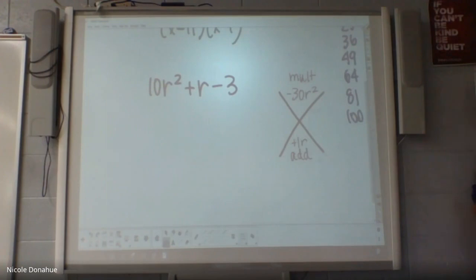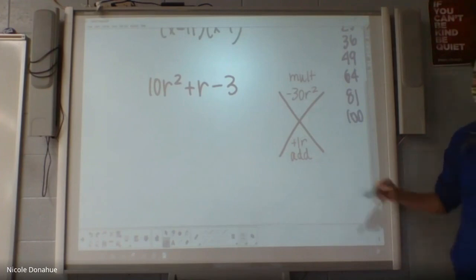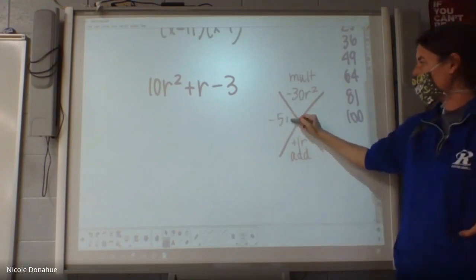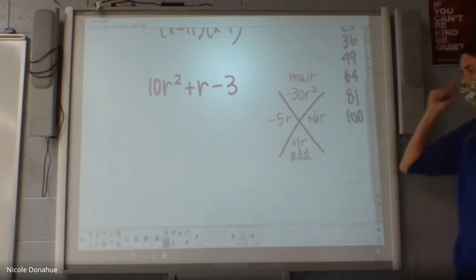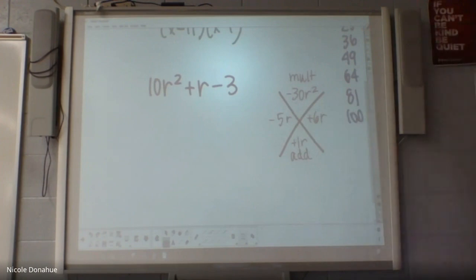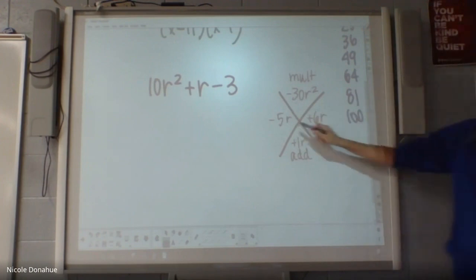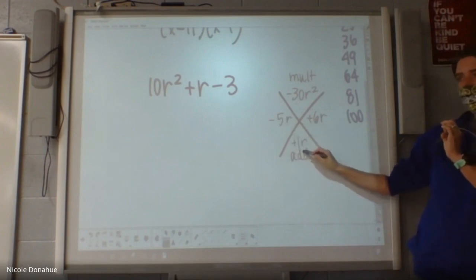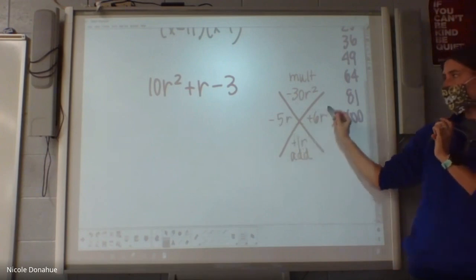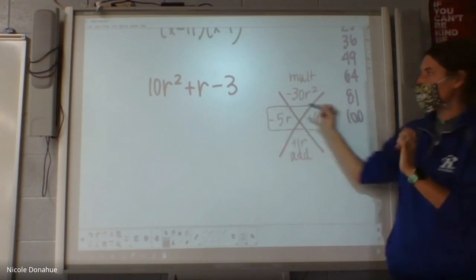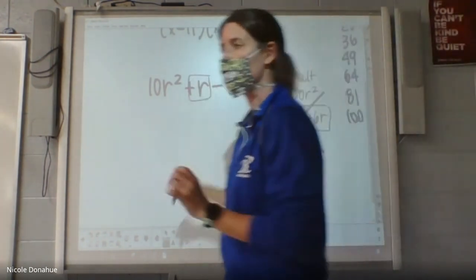Which one has to be negative? 5. So negative 5R, positive 6R. Again, the order you put them in doesn't matter, but this has to be negative because I want this to be a positive 1. We're using this to replace this.